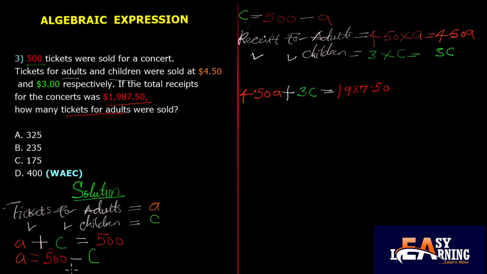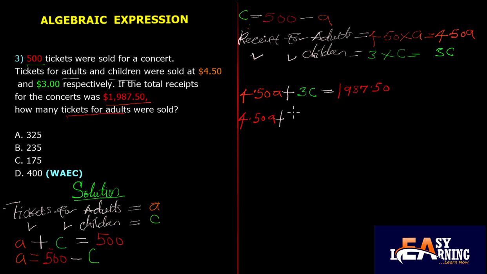But remember that we have established here that A is equal to 500 minus C, so C is also equal to 500 minus A. Since we are asked to find A, let's keep the A down again, 4.50A, and our plus sign. Then we are asked to find A.